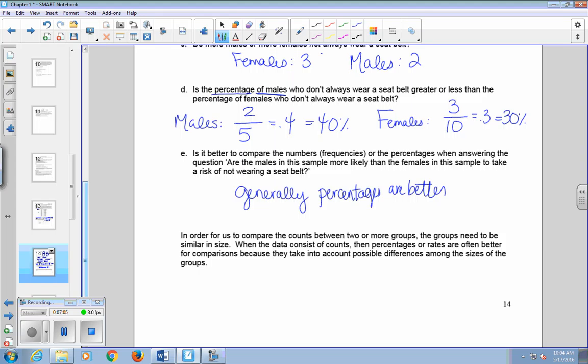So in order for us to compare the counts between 2 or more groups, the groups need to be similar in size, but that rarely happens. And so generally using percentages is often better for comparisons because they take into account possible differences among the sizes of different groups. So if you were just to compare counts, that information can often be misleading.